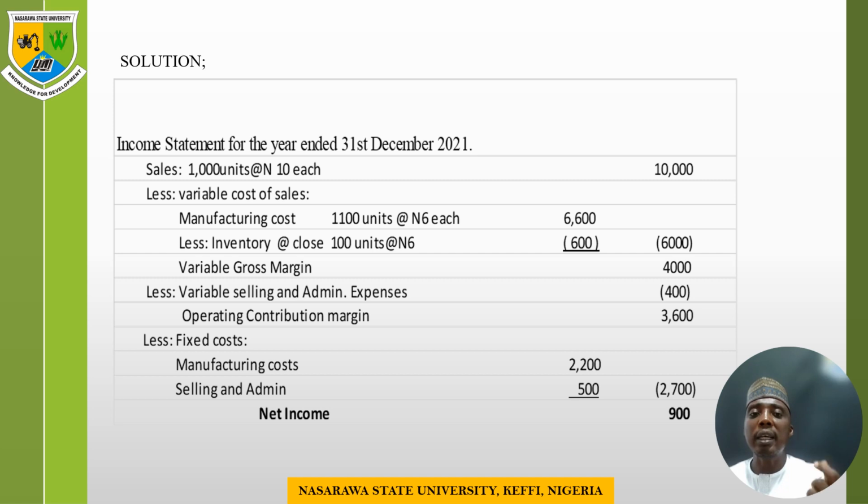The difference between total sales and the total variable cost results in what we call the contribution, which is similar to what Elias mentioned as a gross profit. But in determining your net income, you now bring in the value of fixed cost from the contribution margin to arrive at your net income.